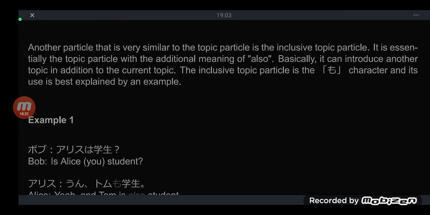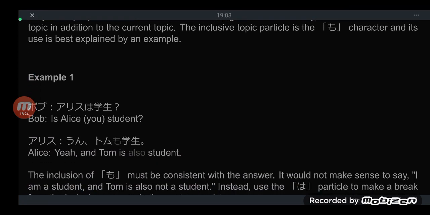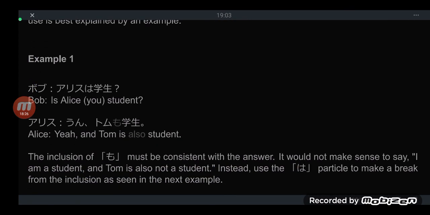Okay, so we can see in the example, Bob says, Alice wa gakusei, meaning is Alice a student? Alice wa gakusei, and then Alice says, Tom mo gakusei.